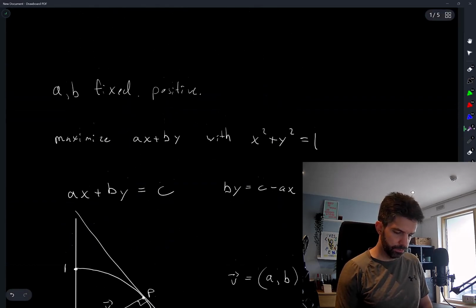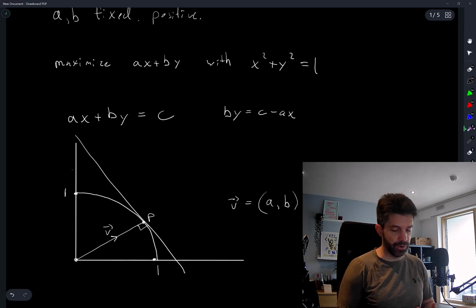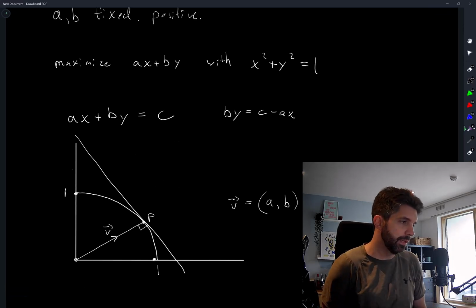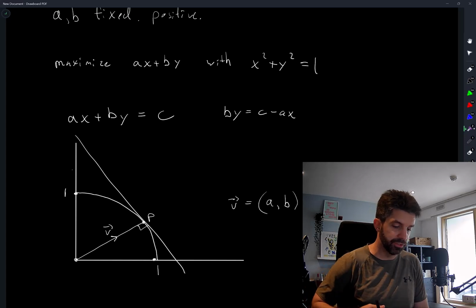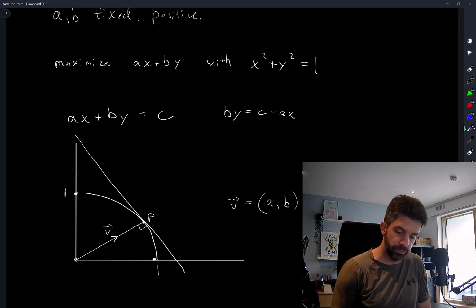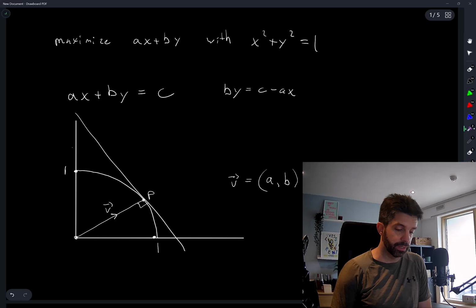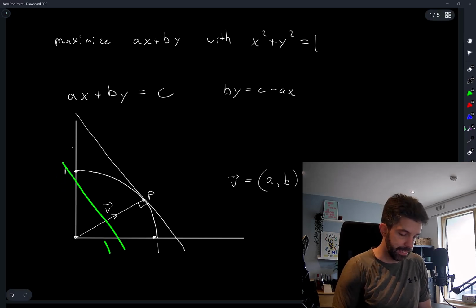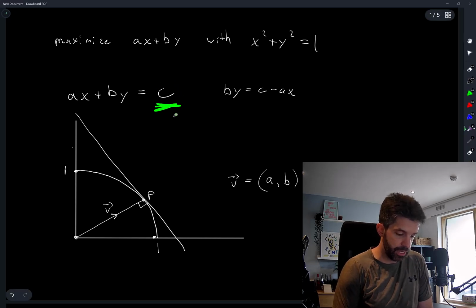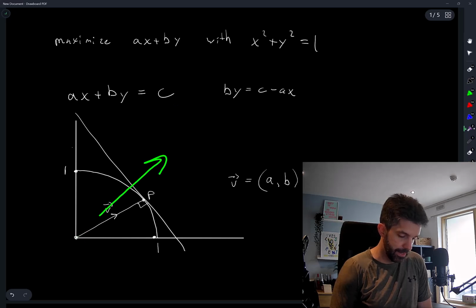Essentially what I have done here is argued through the whole idea behind Lagrange multipliers. I'm not going to go into the details of how Lagrange multipliers work exactly, but the idea is taking these straight lines and parameterizing them by c, realizing that as c changes, we shift these lines in that direction, and then looking for the line which is tangent to the circle.